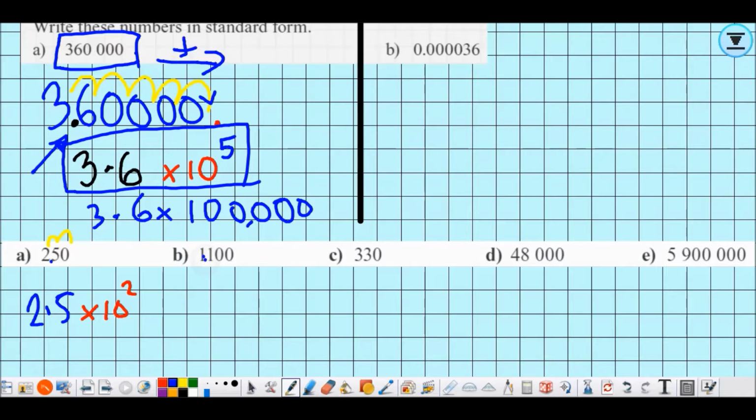Put it between the two 1s. That gives me 1.1. Again, how many spaces am I bouncing it out? 1, 2, 3. So I've bounced it 3 spaces, 10 to the power of 3. If you want to pause the video and have a go at the next 3, and then you can start up and check the answers.